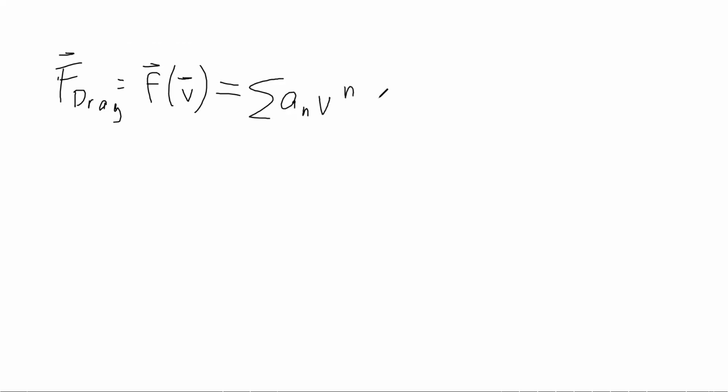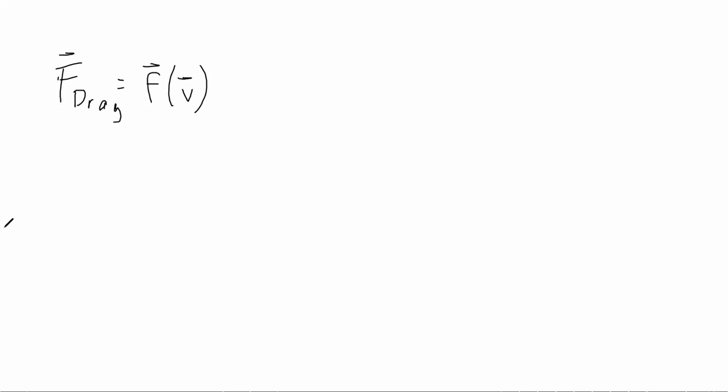This one's a little more difficult because it's a vector, but any function that you learn in calculus can be modeled as polynomials. And so for drag, we typically use the linear and the quadratic approximations. So let's do the linear one.